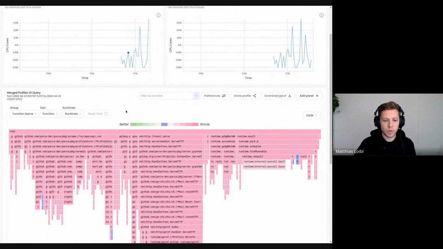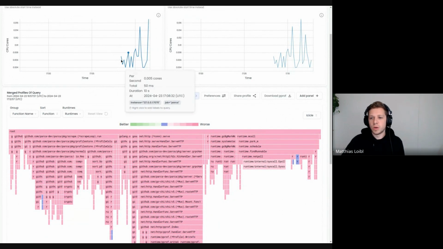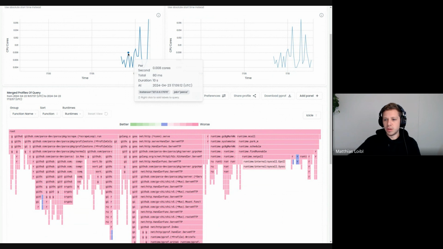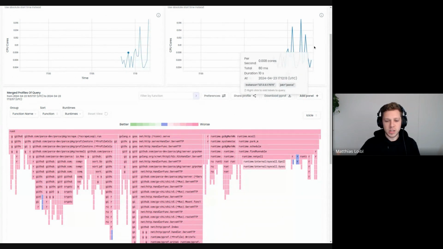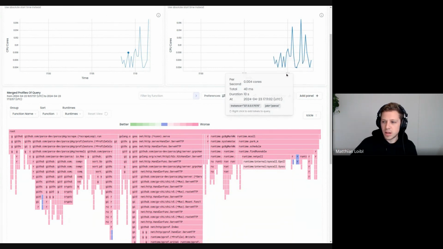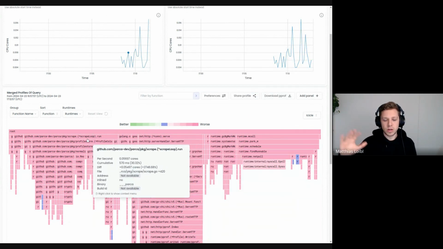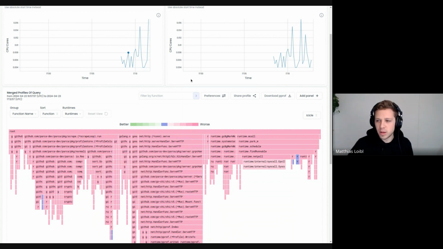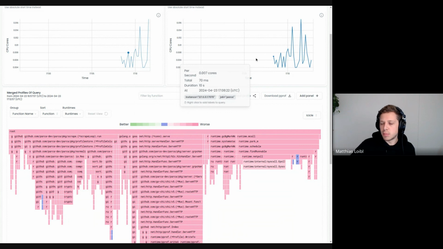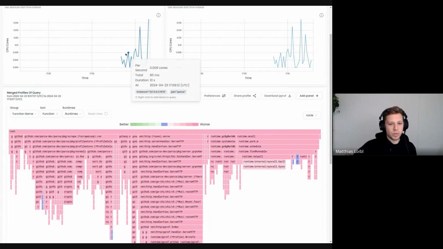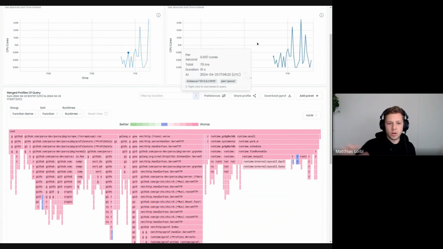And all of a sudden we can do this. If we had just taken the 80 milliseconds total profile here and compared it to all of this, the numbers would have been 10 times as much in all the function calls, right? Because we would have collected 10 times more data on the right-hand side. But now we normalize it down to the per second value on both sides.